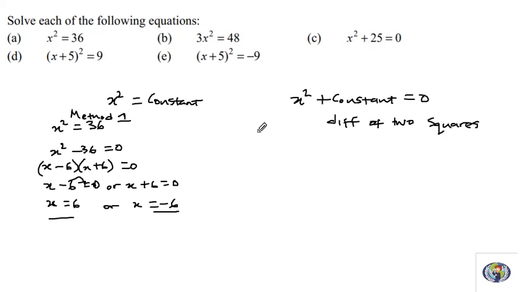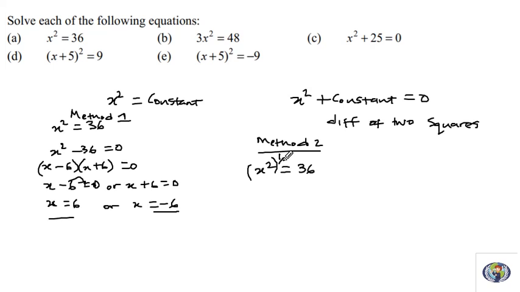Now, if we were to use method 2, right, I'll just put it there, method 2, since you have got an x squared and the job is to remove that squared. If you remember the indices or exponents, we had laws where we can multiply both sides by a half.